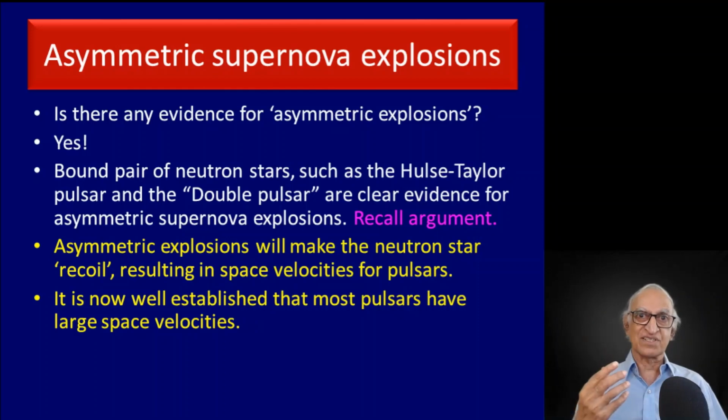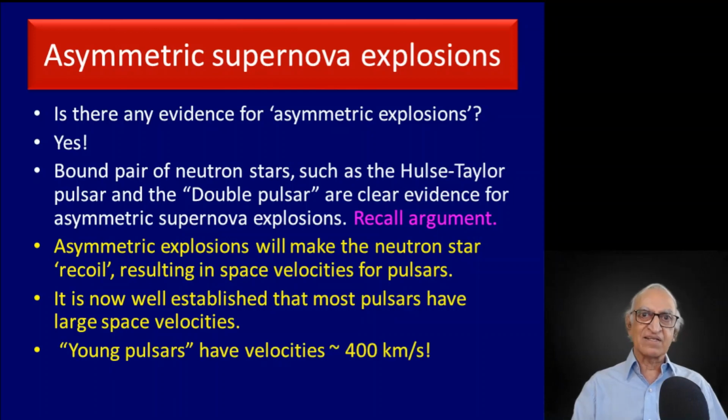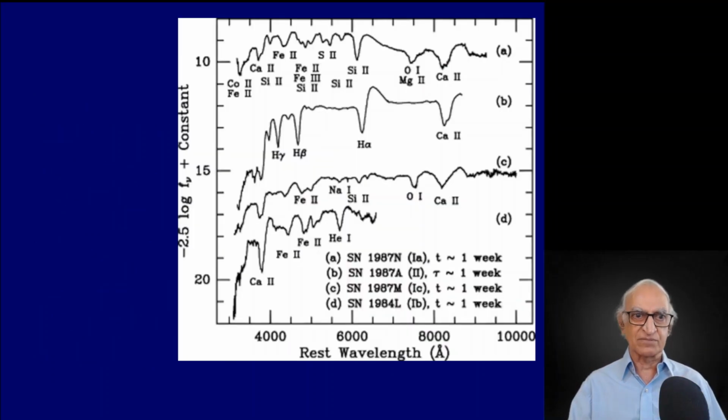These space velocities must have surely been imparted at the time of their birth. And radio astronomers tell us that young pulsars have space velocities of the order of 400 kilometers per second, sometimes even as large as 1,000 kilometers per second. Therefore, these large space velocities of isolated neutron stars are a clear signature of asymmetric supernova explosion, which can happen if the neutrino photosphere becomes really Rayleigh-Taylor unstable.